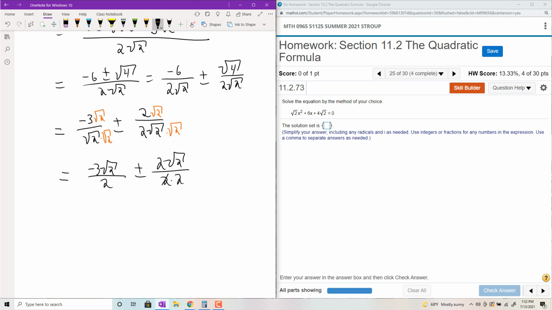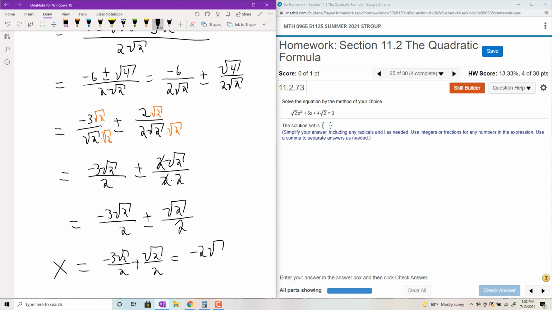And then these will divide out. So you get negative 3 root 2 all over 2 plus or minus root 2 all over 2. And then that simplifies too. So one answer, negative 3 root 2 over 2 plus root 2 over 2, which is negative 2 root 2's over 2.